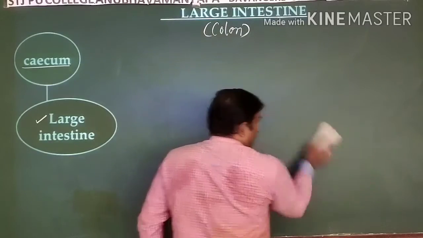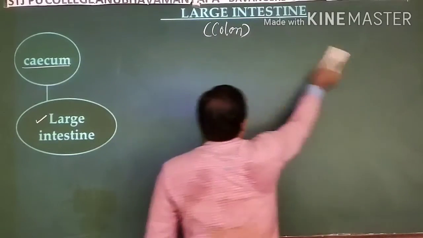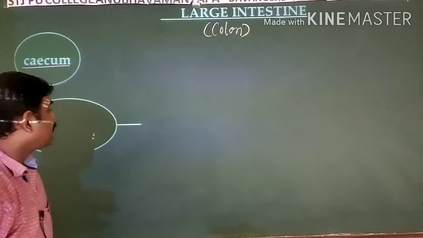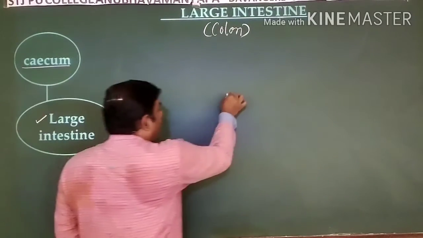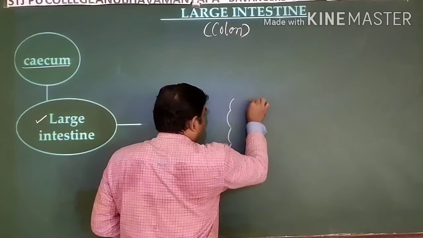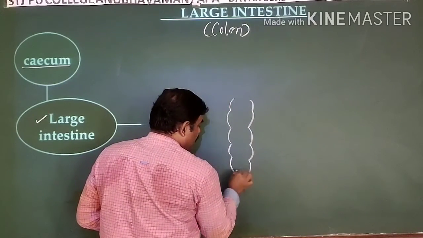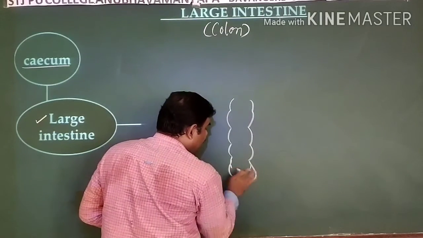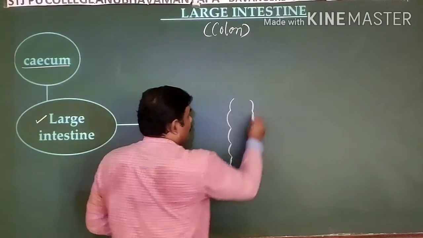Then what is this cecum? The cecum is actually a blind sac. If you see this as your large intestine, at this end a blind sac is present.